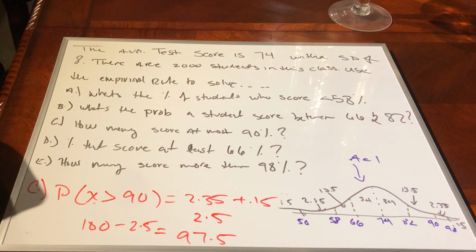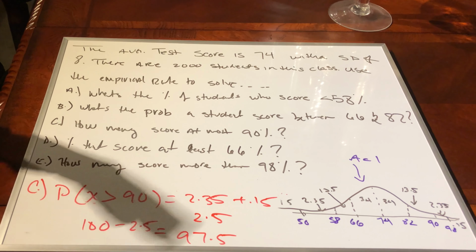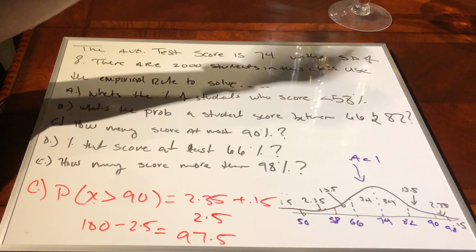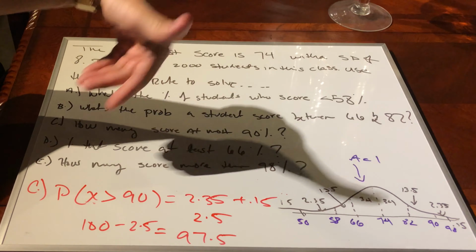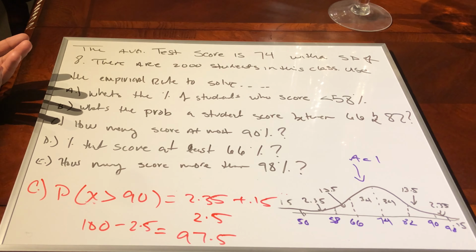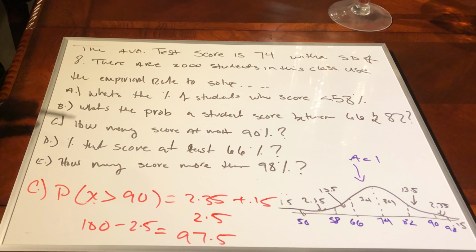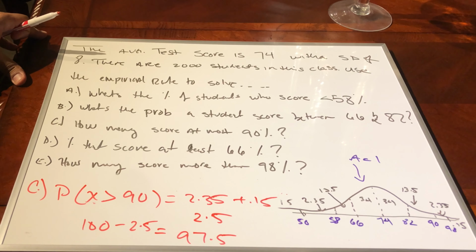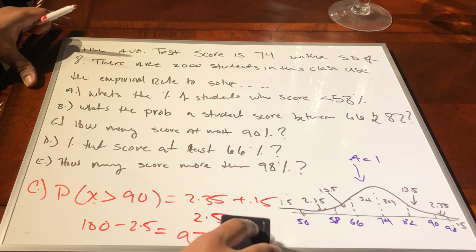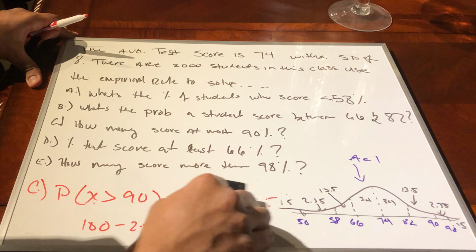Like I said, you could do it two ways. You could add everything up together, or this way where you just add up the ends and then subtract it from 100%. Either way works. If they wanted to know how many students actually scored this, you would take 97.5% and multiply that by 2,000.